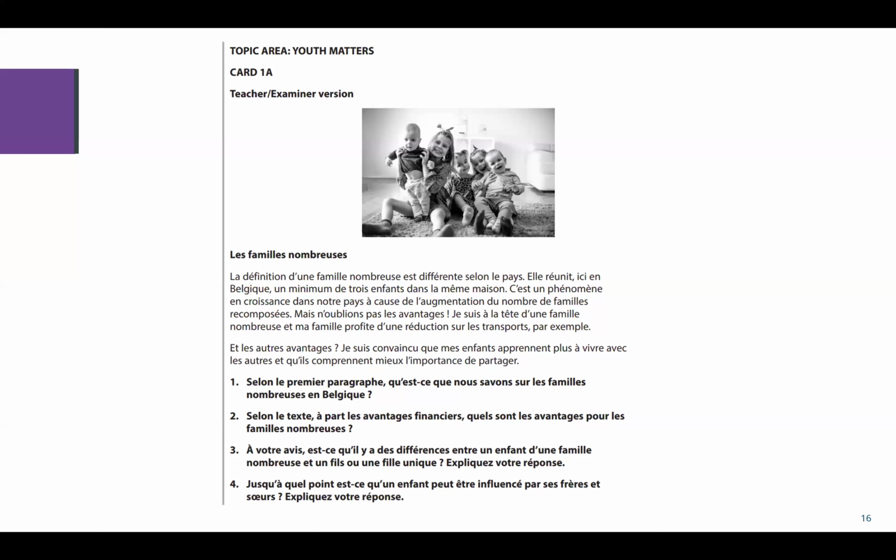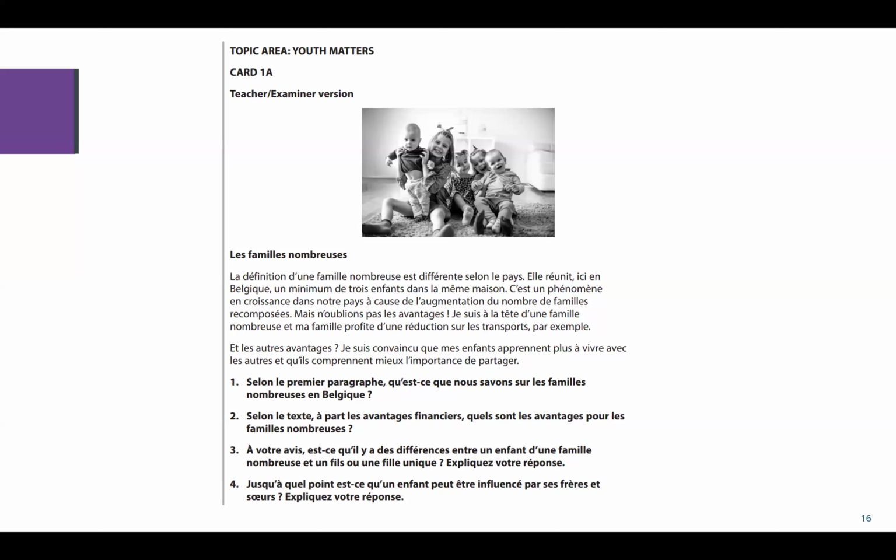And then we have questions 3 and 4, and these are not limited now to the text of the card. They are still on that concept of famille nombreuse and so on, but they broaden it out. So this is their opportunity to show what sort of research they've done.